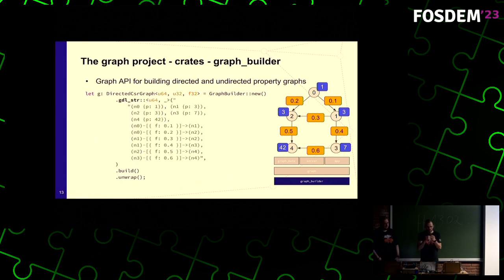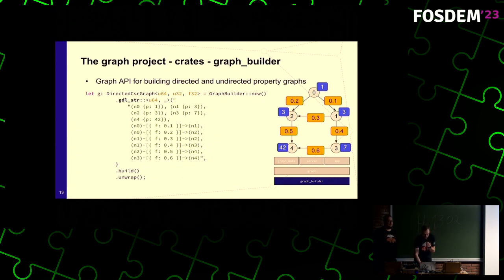For convenience, we have this so-called GDL string that you can provide. GDL stands for Graph Definition Language, which is another crate that we wrote. It's basically a subset of the Cypher query language, the main query language of Neo4j, which allows you to declaratively describe the graph on the right-hand side using ASCII art syntax.